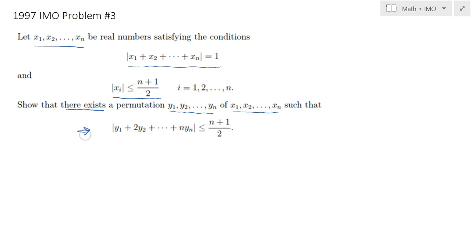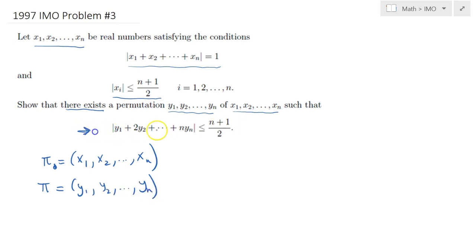Okay, so let me introduce a little bit of notation here to simplify all this mess. First of all, let's call the original permutation pi sub 0, x sub 1, x sub 2, and so on. Given this original permutation, we claim we can find another permutation, let's just call it pi, y1, y2, and so on, such that they would satisfy this condition, right?